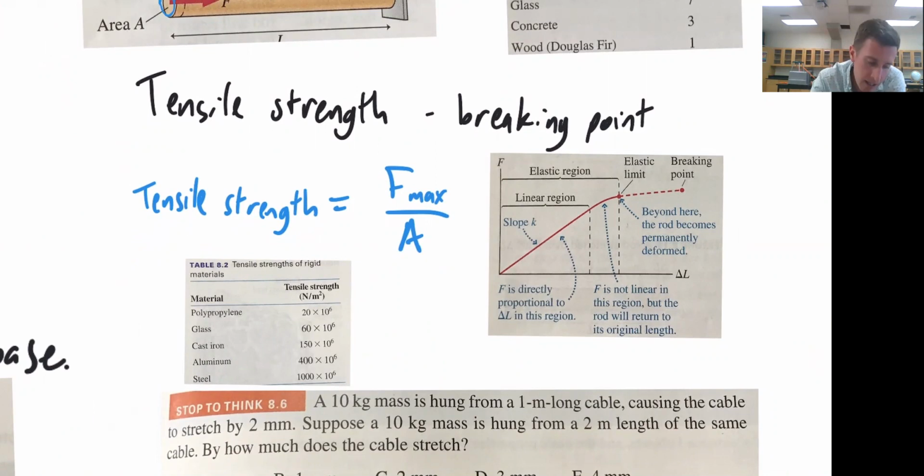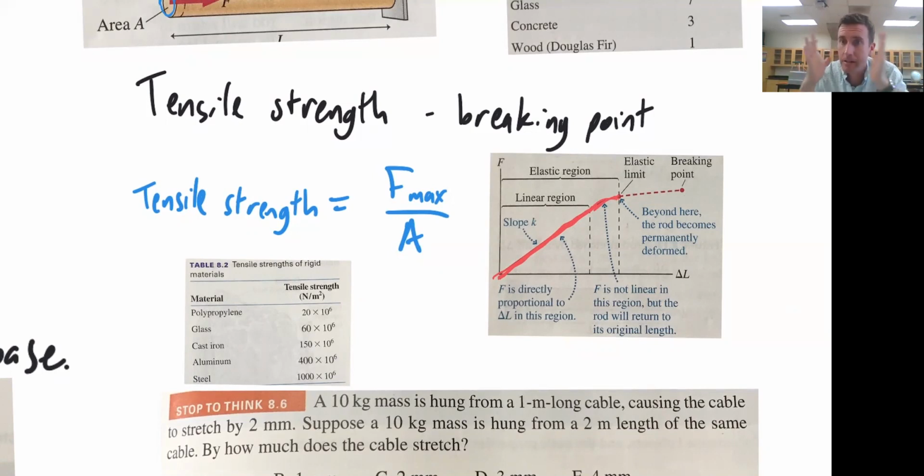And you can see that we have this kind of graph showing at first objects behave pretty elastically. So like a spring, this is the linear region where it is following Hooke's law. It is directly proportional. Then I get in where I might be deforming the spring just a little bit. This is called the elastic region. So it'll still stretch, but it's not linear anymore.